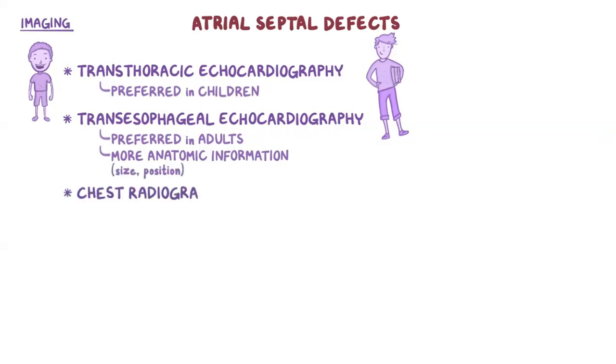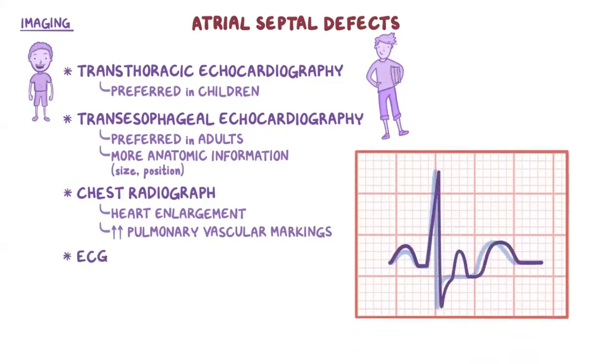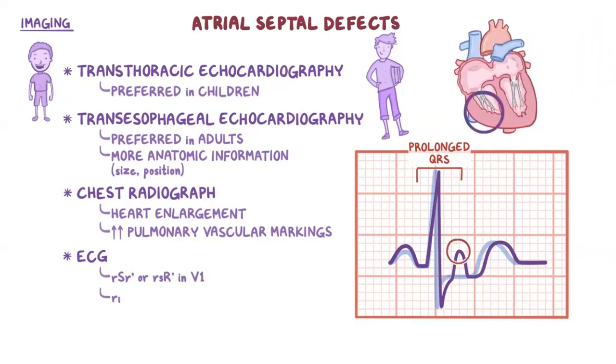Next, a chest radiograph could be performed as well, as it might show heart enlargement and increased pulmonary vascular markings. Additionally, ECG in those with large shunts can show a slightly prolonged QRS complex with a characteristic RSR' or RSR' pattern in V1 due to right ventricular hypertrophy, right axis deviation, or P waves taller than 2.5 millimeters, suggesting right atrial enlargement.